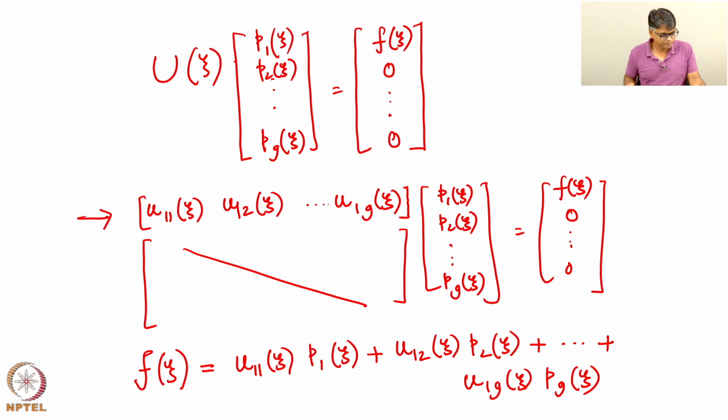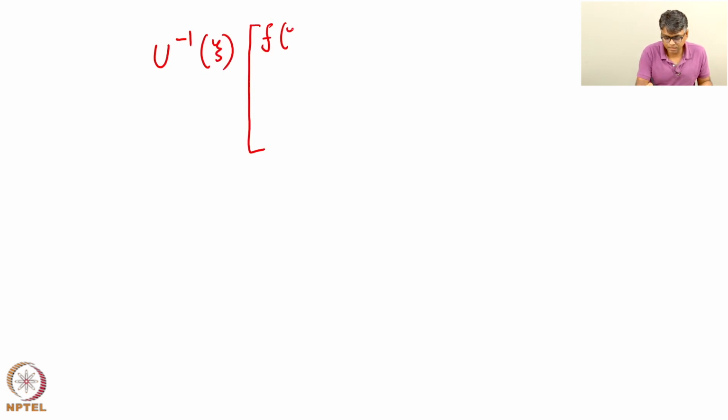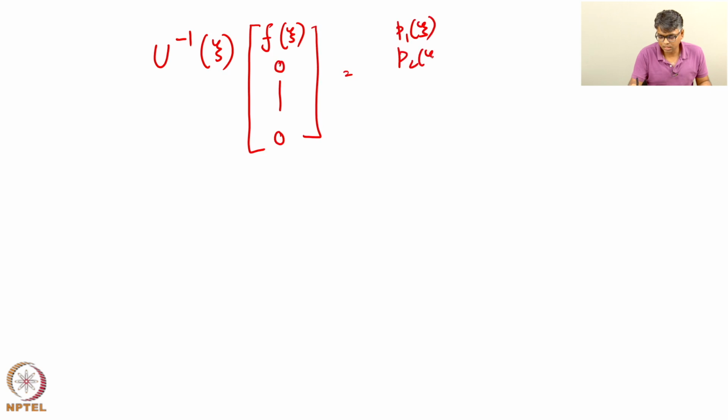Not just that, it also means that because U is a unimodular matrix, U inverse xi multiplying f xi and all zeros must be equal to P1 xi, P2 xi, dot dot dot up to Pg xi. Okay.